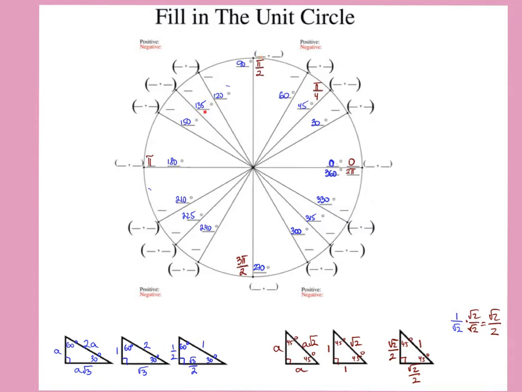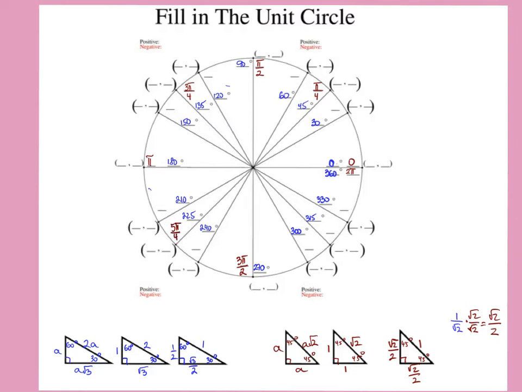Then here if I go to 135 degrees, that's pi over 2, which is 90, plus the 45, pi over 4. So that's going to give us 3 pi over 4. And pi, when we end on 180 degrees here, that's going to be 4 pi over 4, which is just pi.